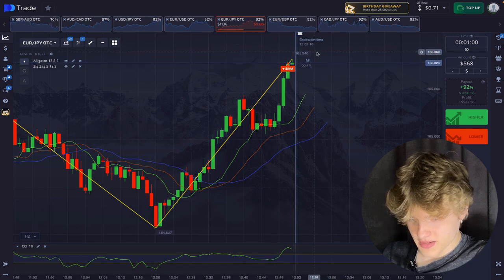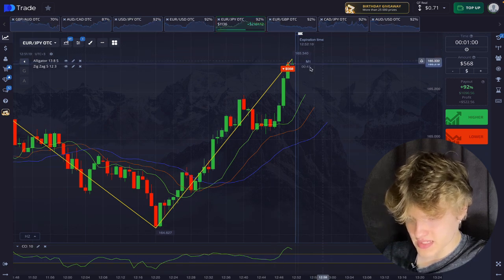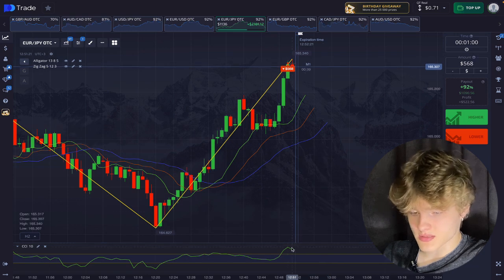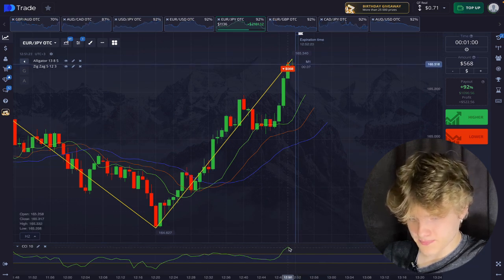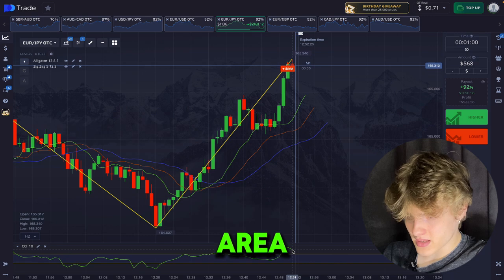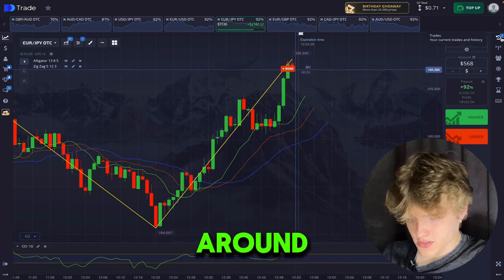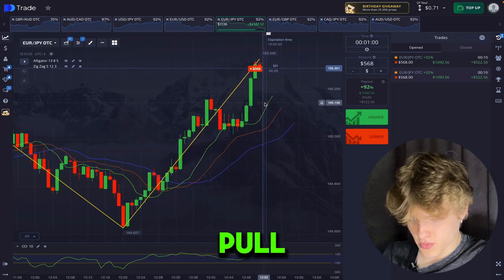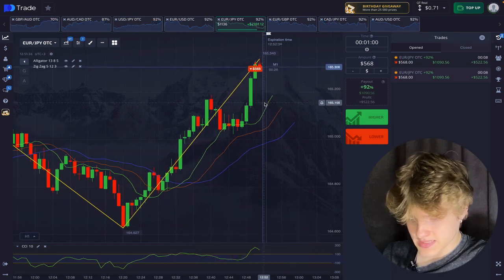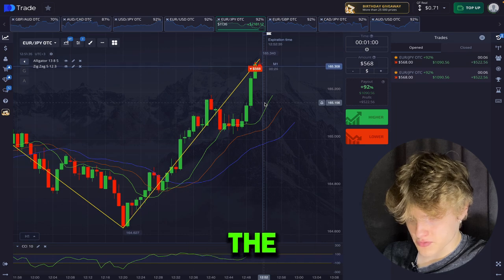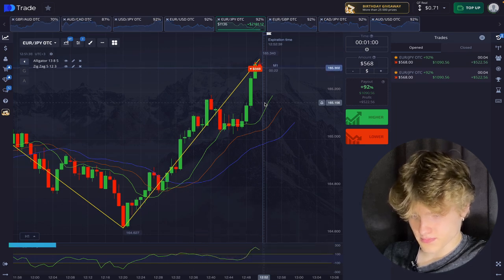Here I also have a formation of a local maximum on the zigzag. It's obvious, and also the moving line is in the area of overbought. Now it's in the value around 200. So a small pullback I think should happen. 10 seconds to close the trades. Watch the results.